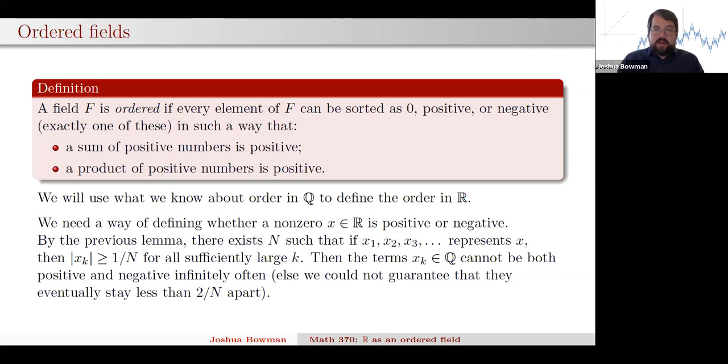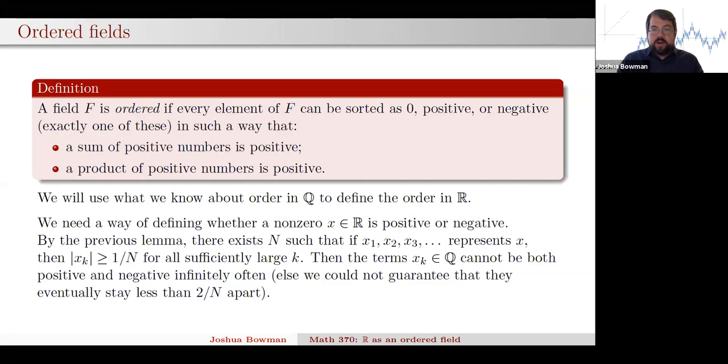It may seem strange that we have to make this definition if you're not familiar with other structures. If you've taken algebraic structures or complex variables, then you've seen some fields that are not ordered. There are other fields that have the addition and multiplication properties, but are not ordered.